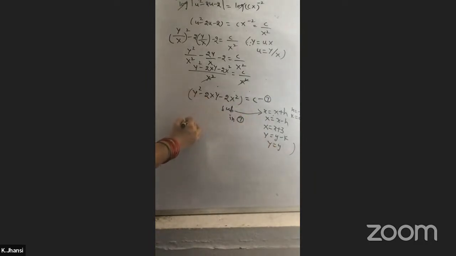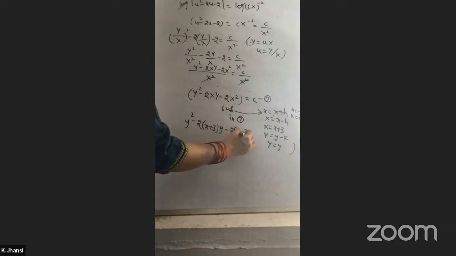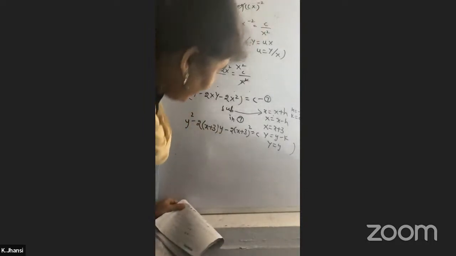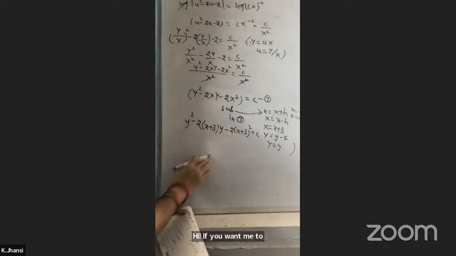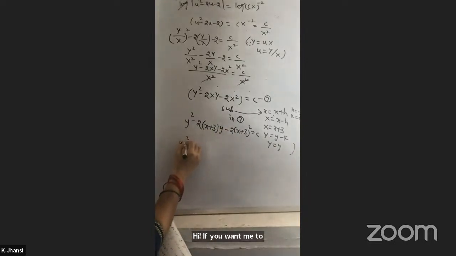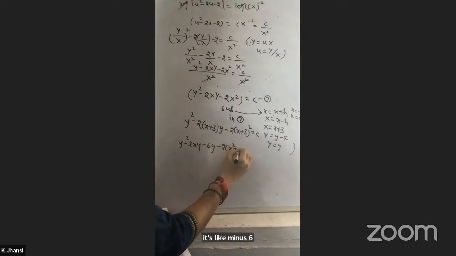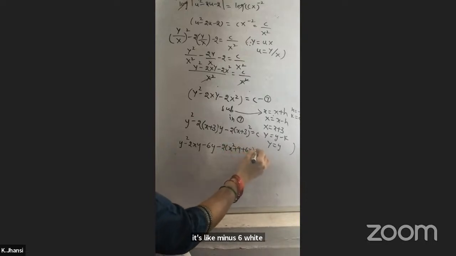Y will be small y square minus 2 into (capital X is small x plus 3 and y is only small y) into (x plus 3) minus 2 into (x plus 3) whole square is equals to C. Okay. If you want, you can do the square and you can simplify this one. So it will be y square minus 2xy minus 6y minus 2 into x square plus 9 plus 6x equals to C.